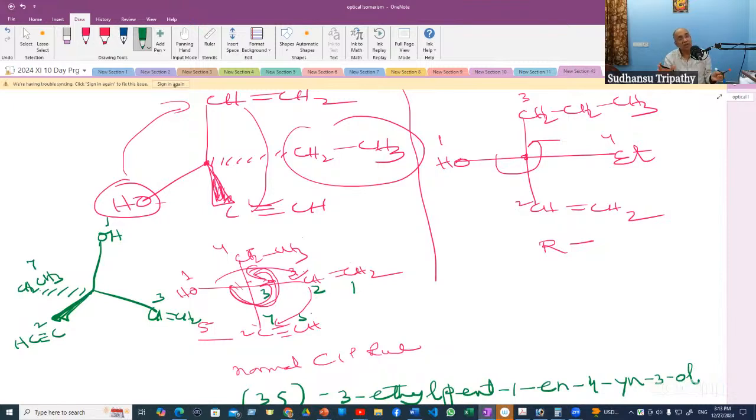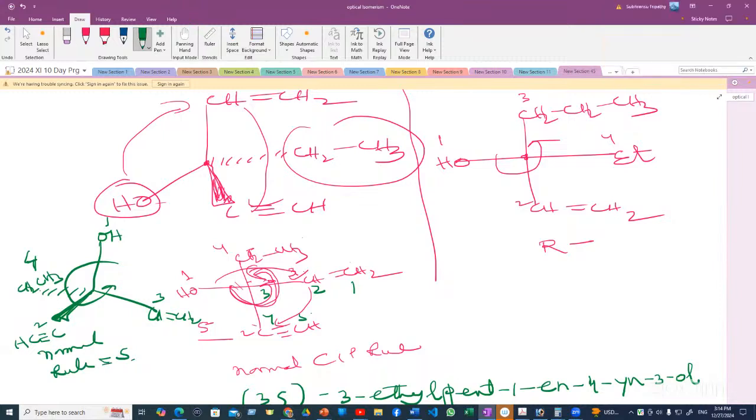Since the least priority group 4 is lying below the plane, if the eye rotation is made from 1 to 2 to 3, then the normal rule will be followed. Anticlockwise is S, clockwise is R. That is why I was really scared to tell you both the rules. So it is anticlockwise, normal rule, and it is S. You understood, Miss Medha? Yes, sir.